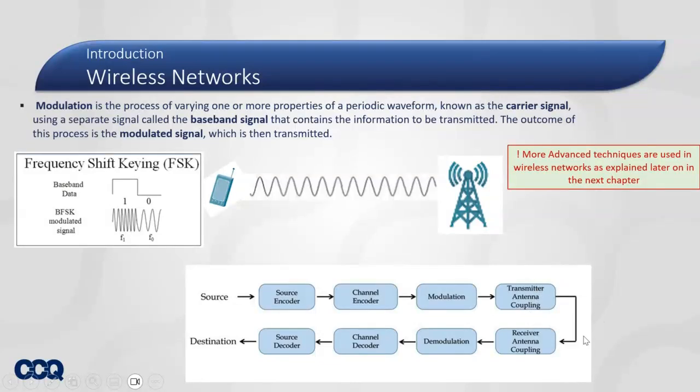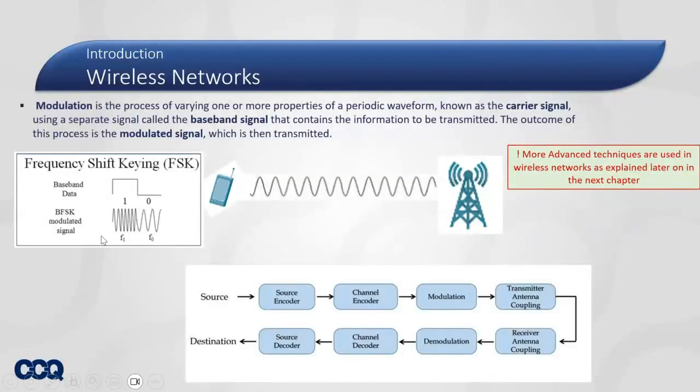Here there is the channel where the signal is transmitted in air, from transmitter to receiver. After that, we make demodulation. We extract the original signal, and after the channel decoder and source decoder, we can extract our original signal.